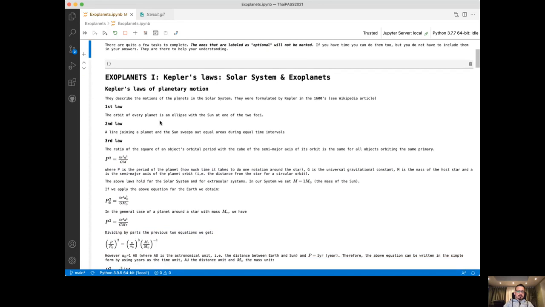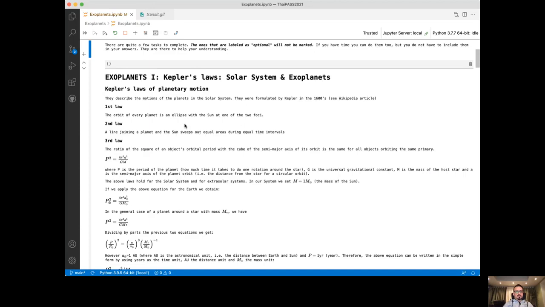So initially here, I just have all 3 laws for completeness. The first law states that the orbit of every planet is an ellipse with the sun at one of the 2 foci.